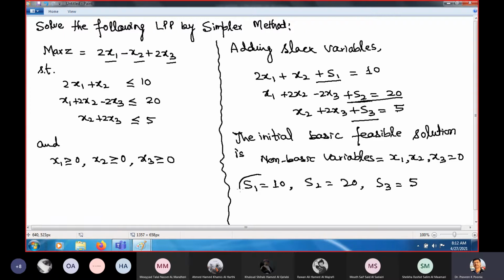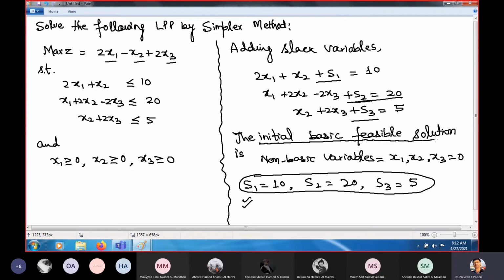So dear friends, after putting non-basic variables equal to 0, we get S1 equal to 10, S2 equal to 20, S3 equal to 5. And this is the initial basic feasible solution. Clear?